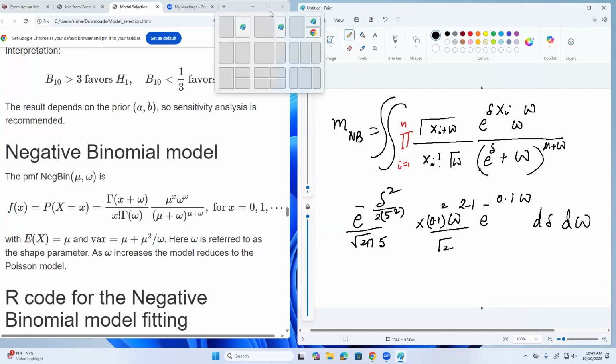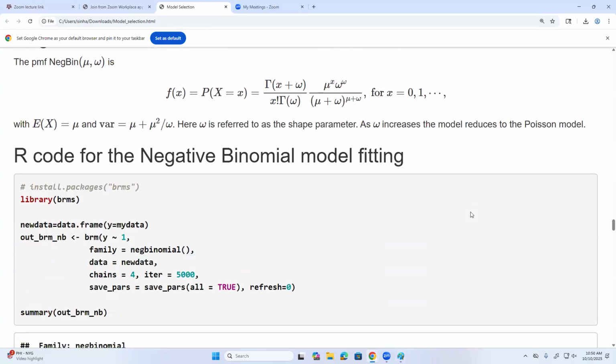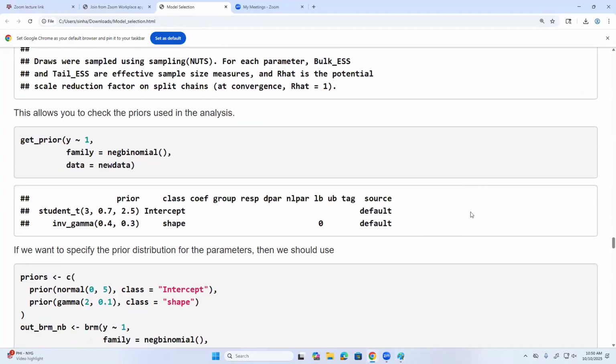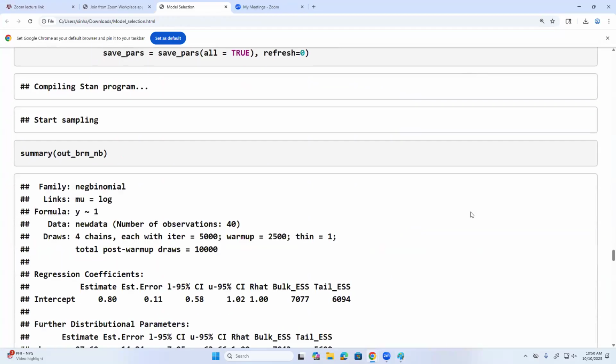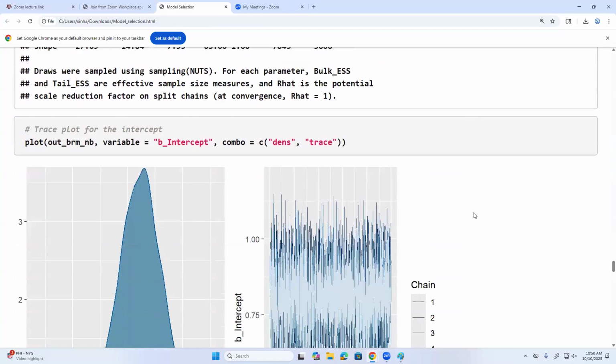We will use the posterior samples to calculate this marginal likelihood. That is why we are first fitting the model, obtaining posterior samples from this model fitting.